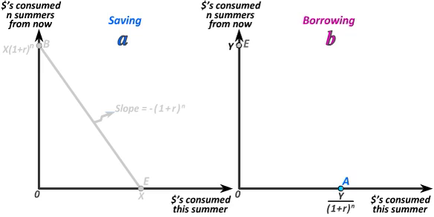Thus, if you in fact borrow the amount Y divided by 1 plus R to the nth power and consume all of that this summer, you have nothing left over for consumption n summers from now.